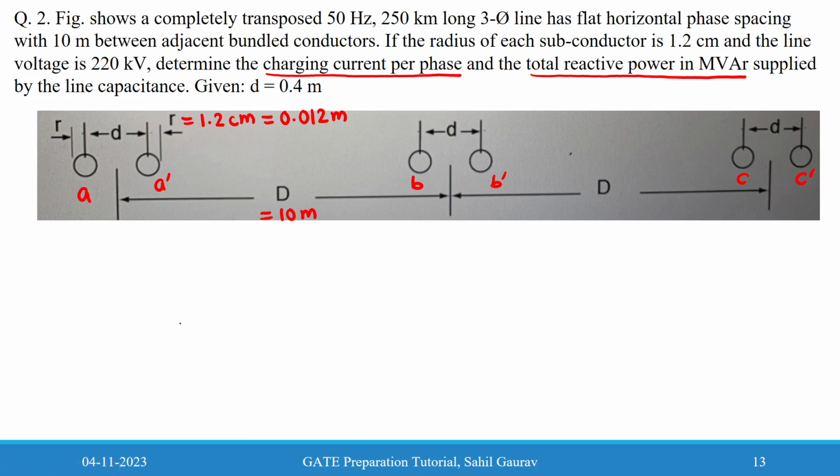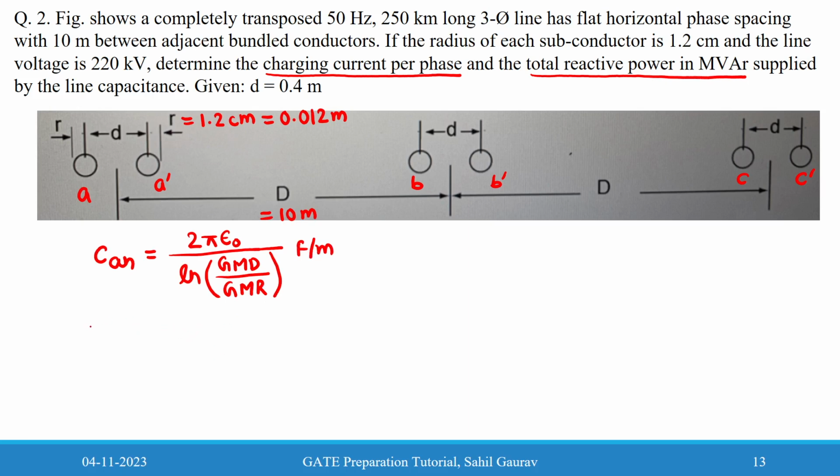We all know the capacitance per phase with respect to neutral point is 2 pi epsilon naught divided by ln of GMD divided by GMR, farad per meter. So first we need to find this GMD and GMR. Let us first see the GMR.